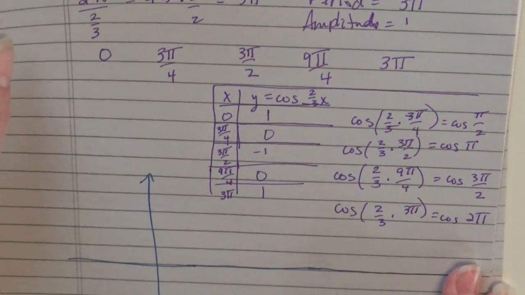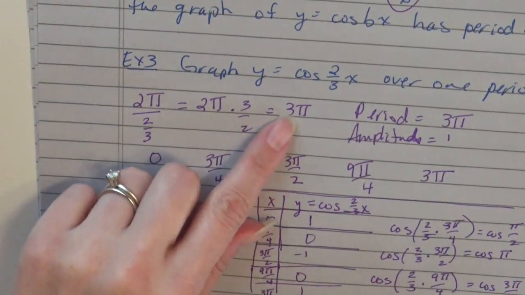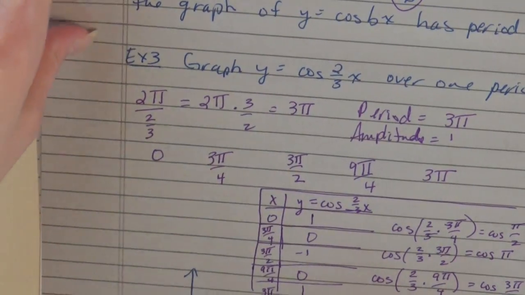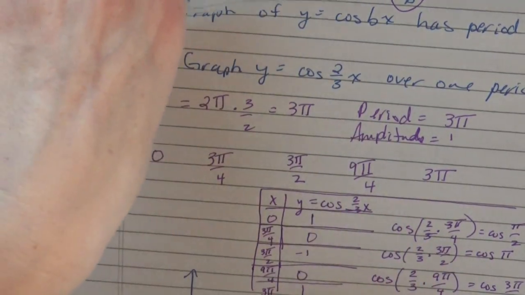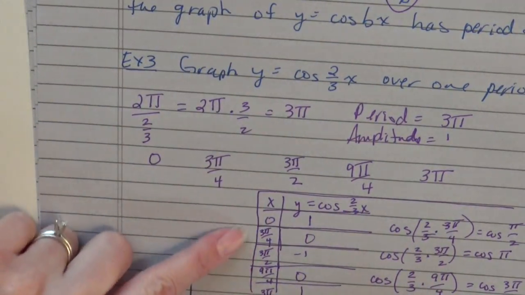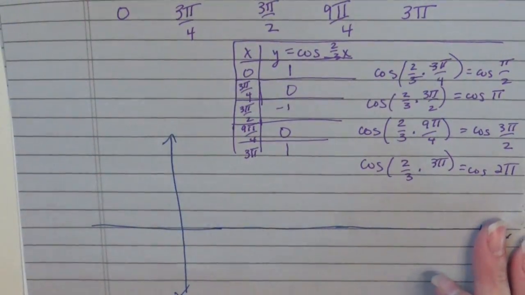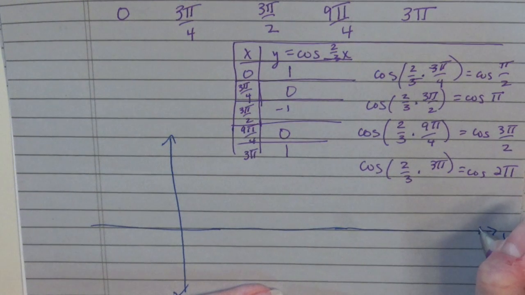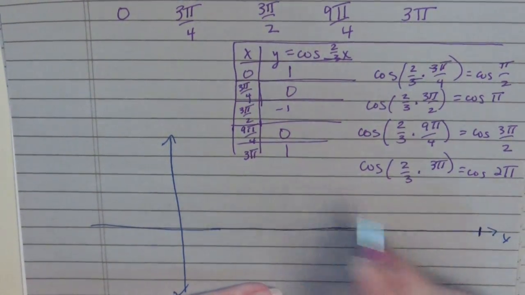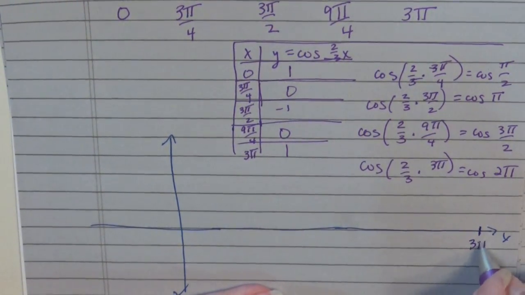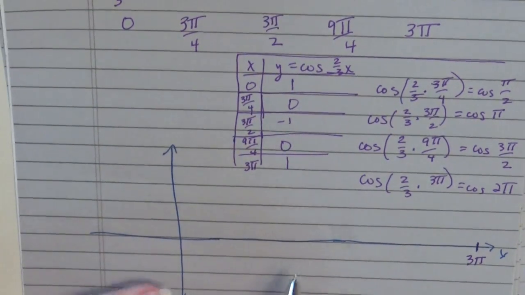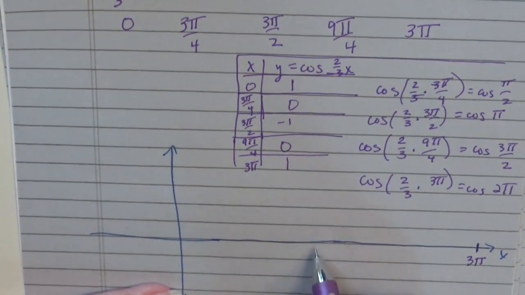Okay, so now we're ready to graph this. Now they did not ask us to compare it to the original cosine function this time. We're just free to graph this like it is. So we'll take these x values that we got, we space them out as evenly as possible on our x-axis. Okay, we have 4 intervals, so I'm going to put one here. That's going to be 3 pi. And then halfway to there would be 3 pi over 2.